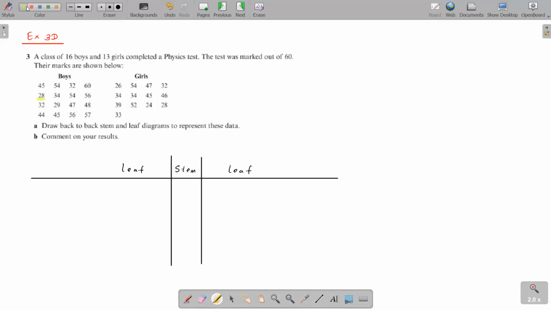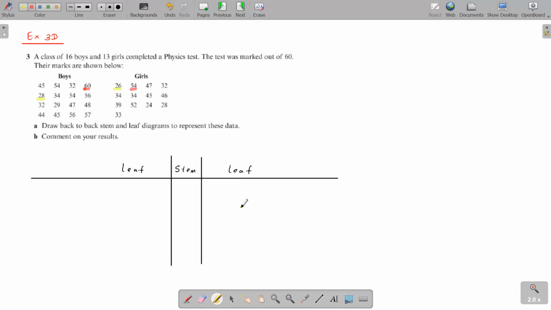And the highest value is 60. Okay, go to the girls data set, because we are going to draw both of them in one diagram. What's the smallest value? Smallest is 26. And the largest one is 54.